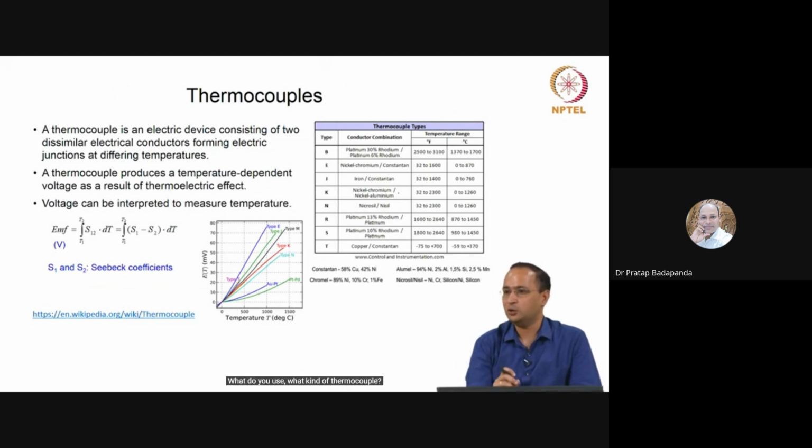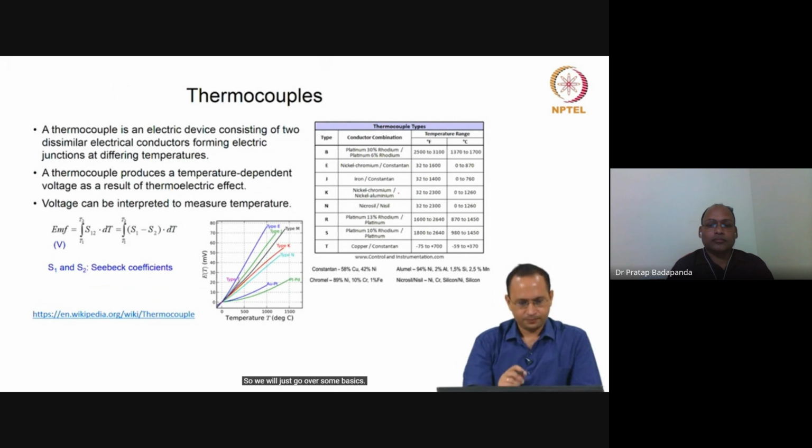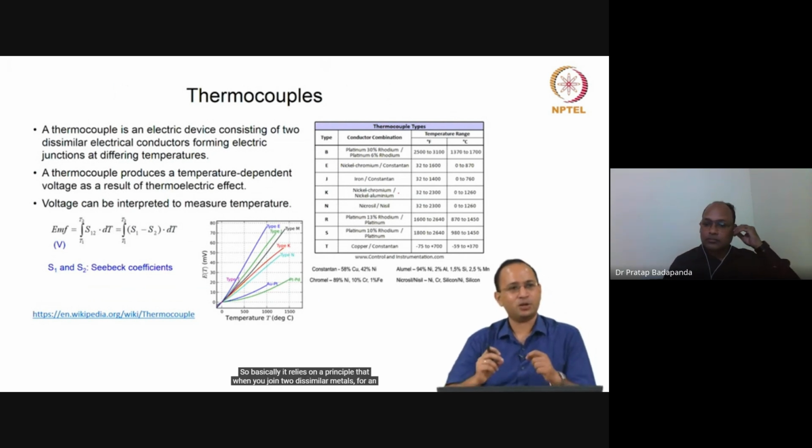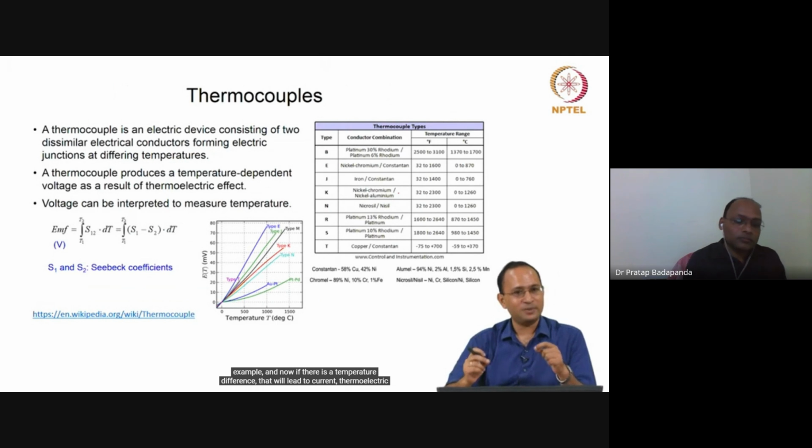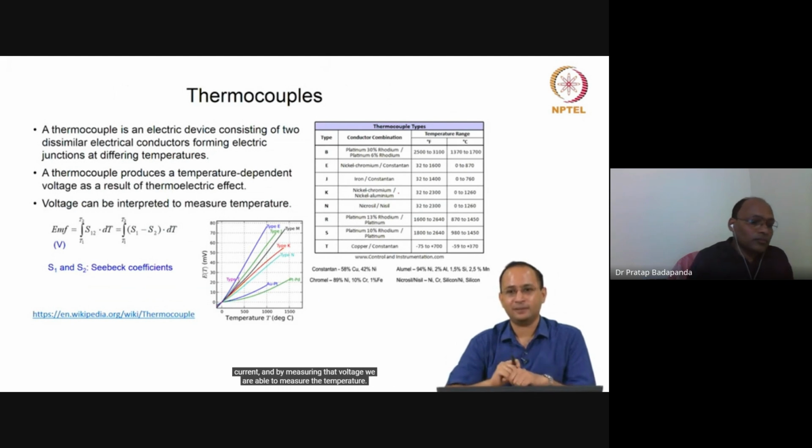What kind of thermocouple do you use? We will just go over some basics. It relies on the principle that when you join two dissimilar metals and there is a temperature difference, that leads to a thermoelectric current, and by measuring that voltage we are able to measure the temperature.